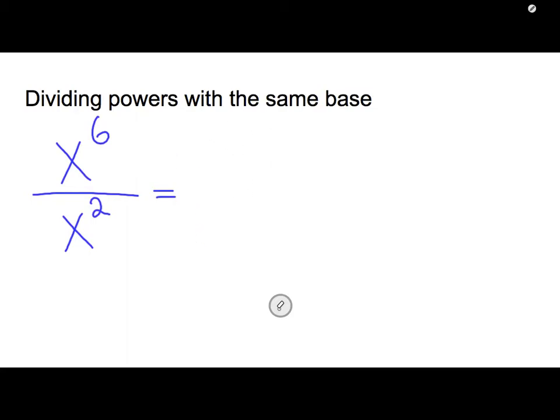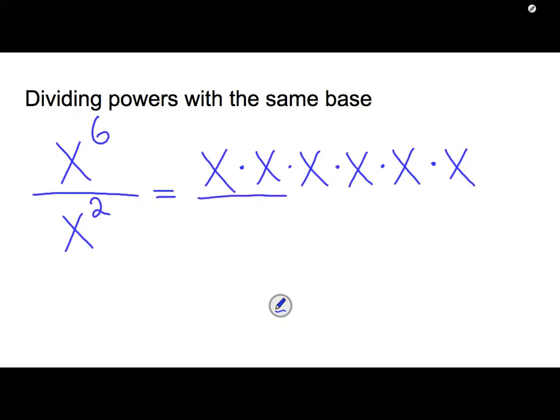So I could do this the long way. Even though we're going to learn the shortcut, knowing how to do it the long way helps us understand why it works. So x to the 6th, we're going to multiply x by itself 6 times, divided by x times itself, because it's x squared.